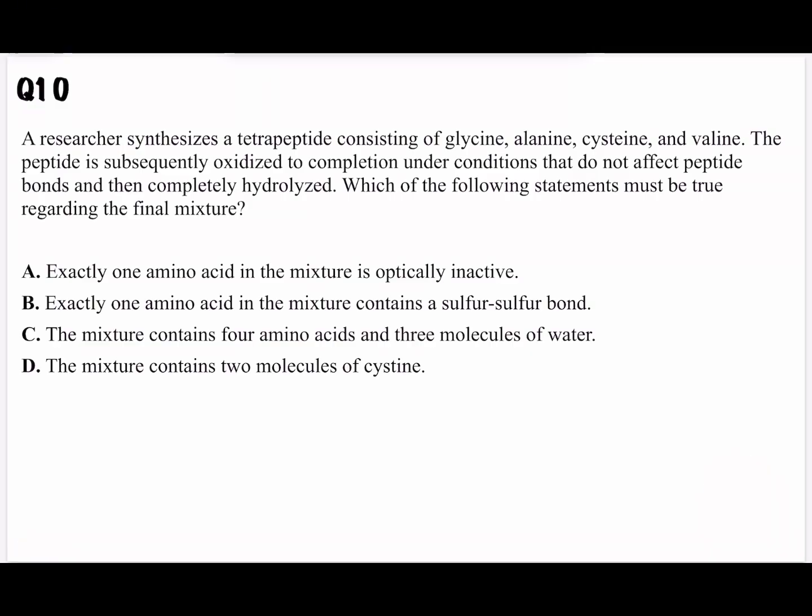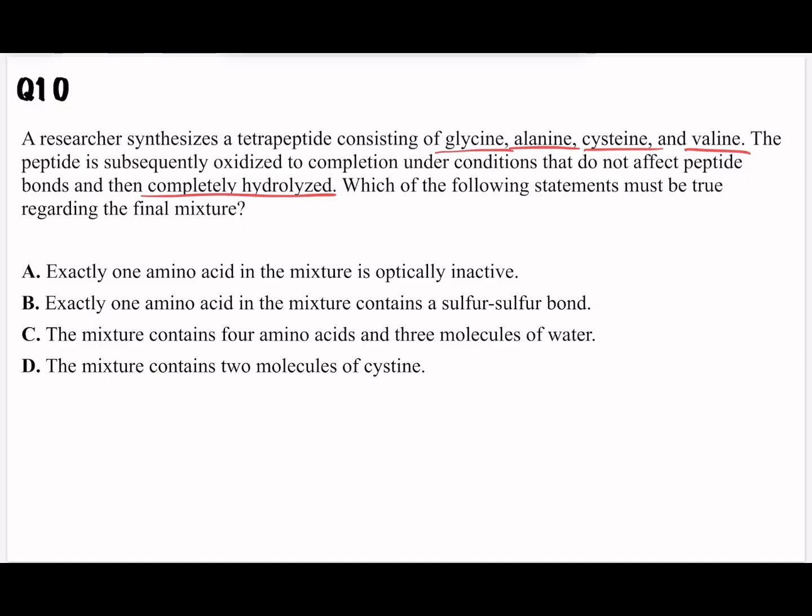And finally, question 10 reads, a researcher synthesizes a tetrapeptide consisting of glycine, alanine, cysteine, and valine. The peptide is subsequently oxidized to completion under conditions that do not affect peptide bonds, and then completely hydrolyzed.